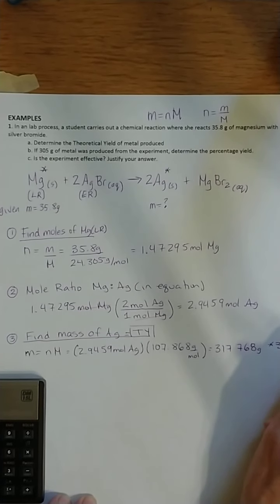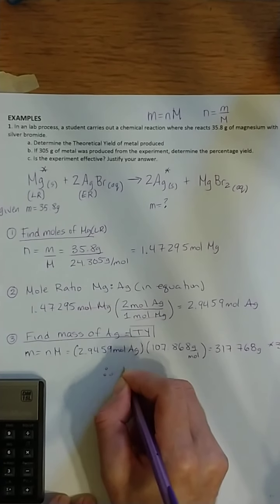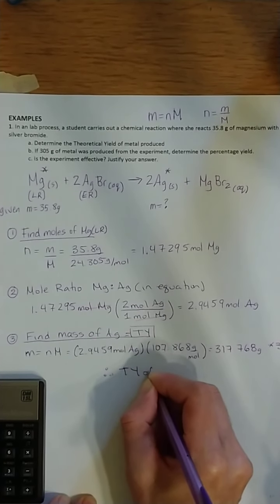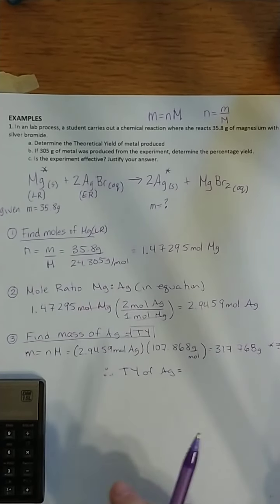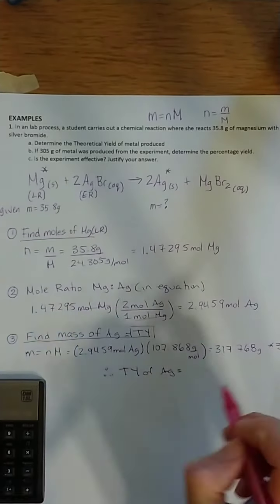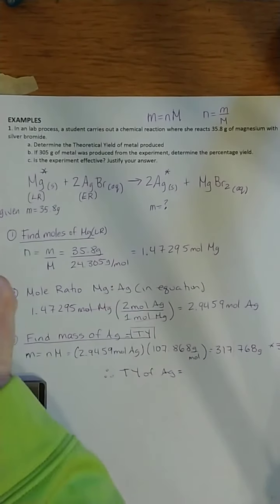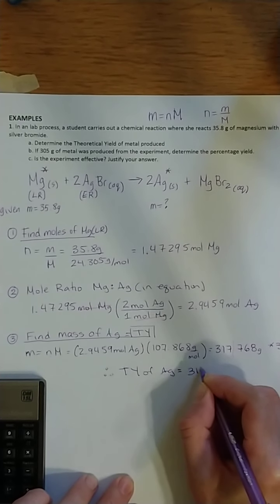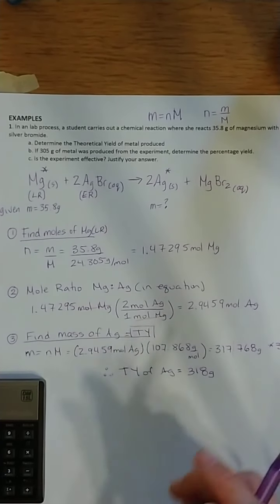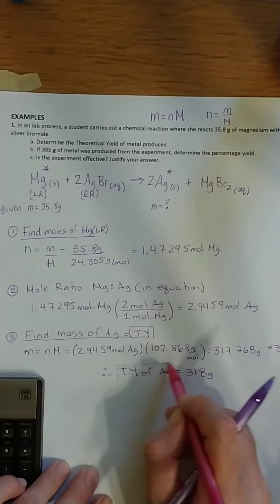So we want 3 sig figs. Therefore, our theoretical yield of silver, if we're cutting it off after 3 sig figs, this 7 rounds up to an 8, it'll be 318 grams. And that is our theoretical yield of silver.